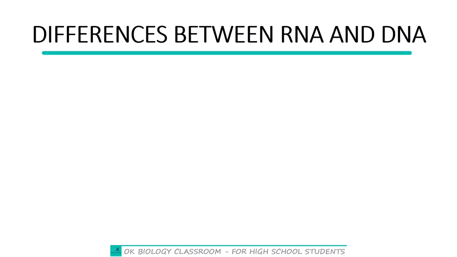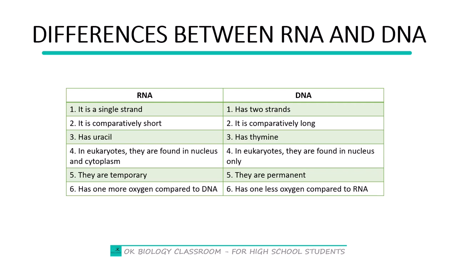So in summary, the differences are that RNA is single stranded, DNA has two strands. RNA comparatively is short, but DNA comparatively is long. RNA has uracil as a nitrogenous base, but DNA has thymine.